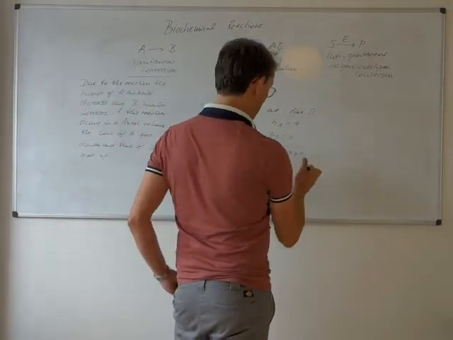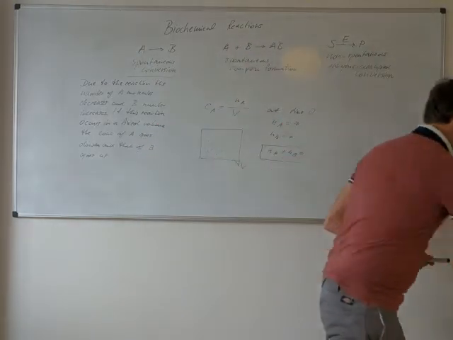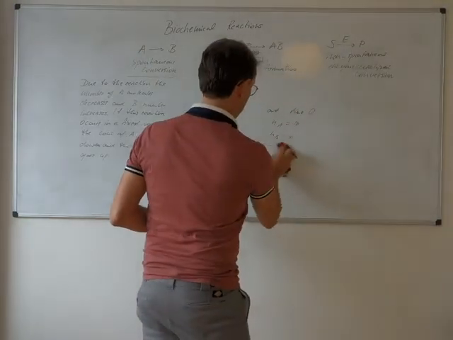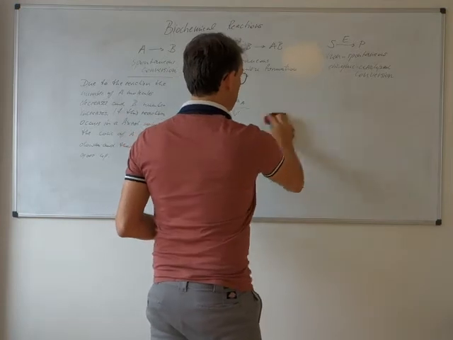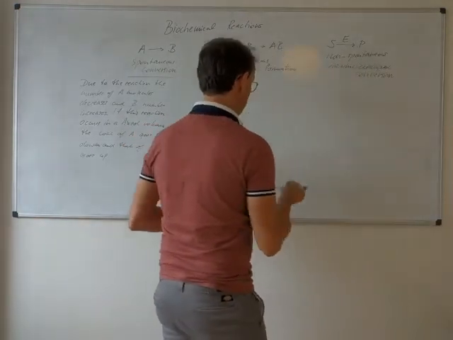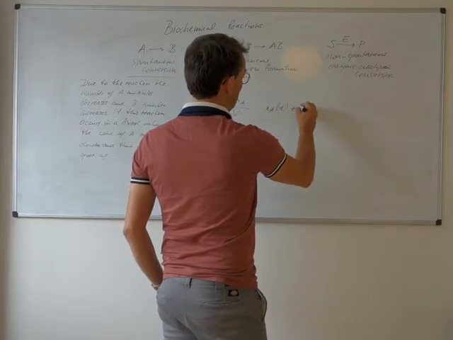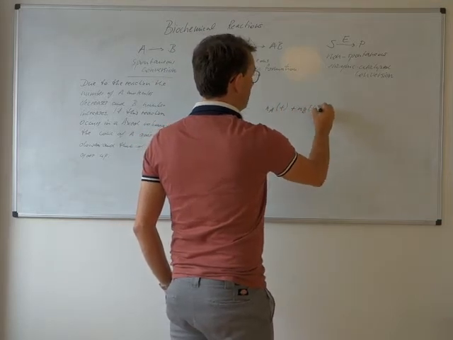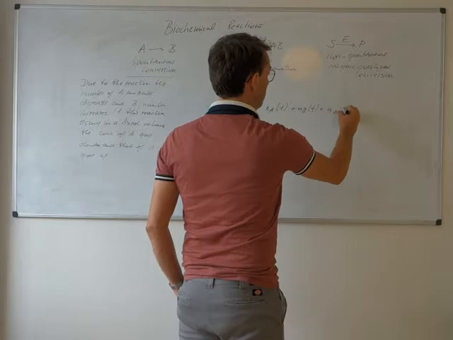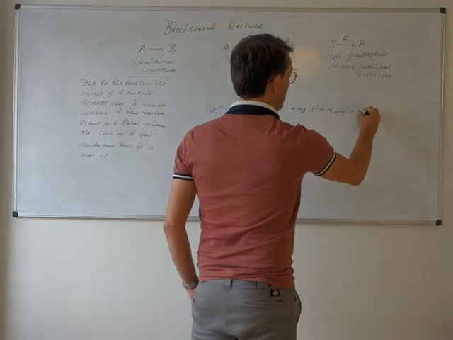So we can improve this equation. We can say, look, at any time the total number of molecules that I have equals the total number of molecules that I started with.